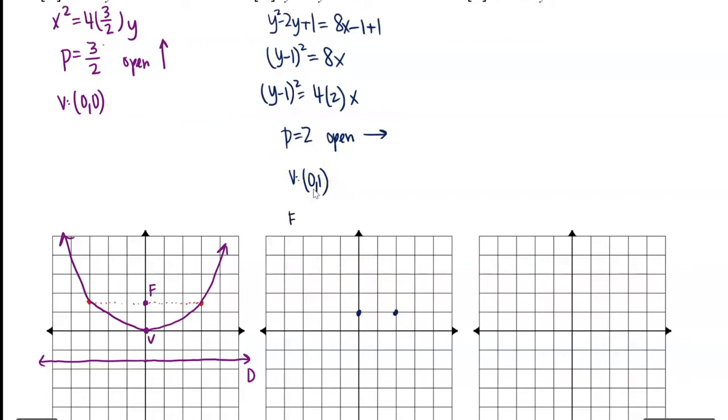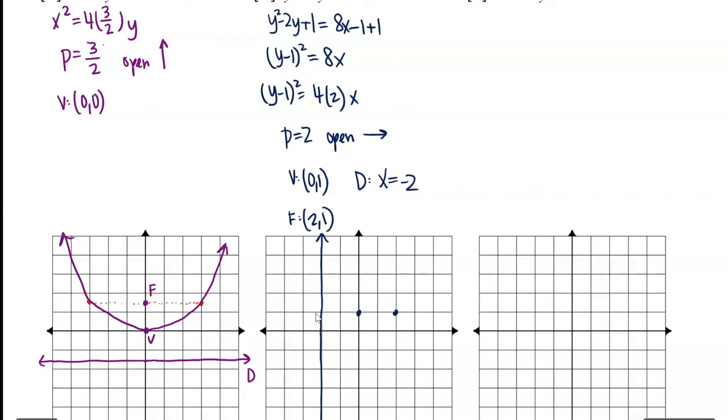So that will be at 2, 1. And then our directrix will be 2 units behind the vertex. So the parabola opens away from the directrix. So my directrix, let's use a capital G for that. Directrix will be the vertical line at x equals -2.